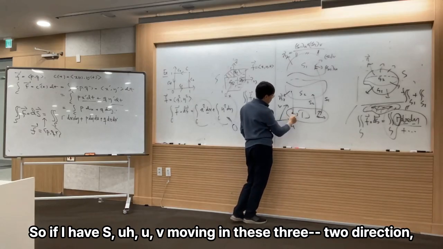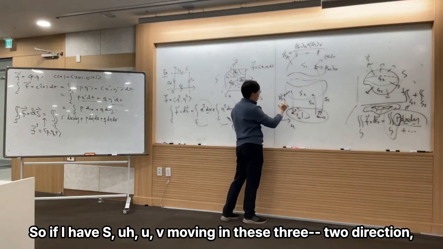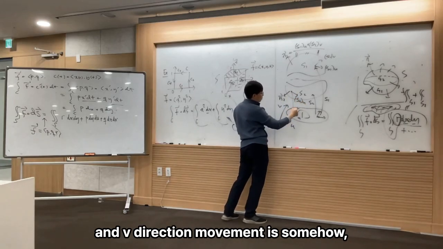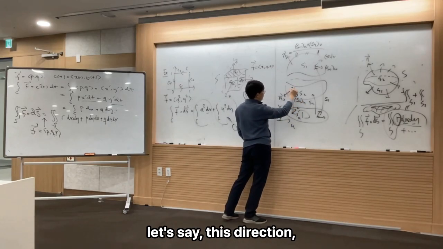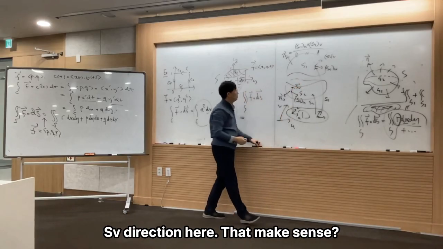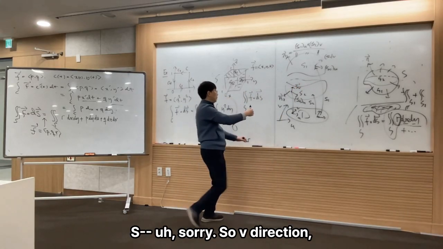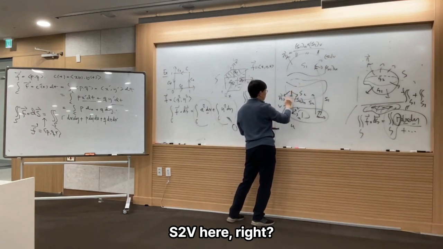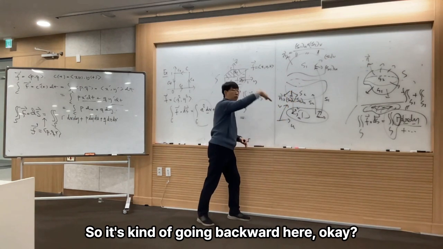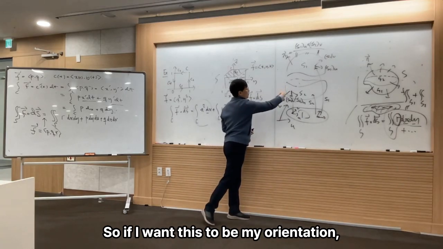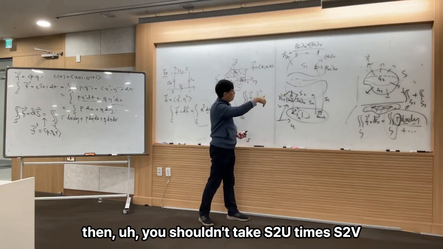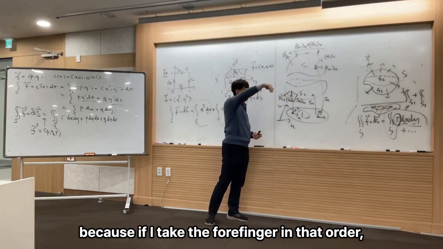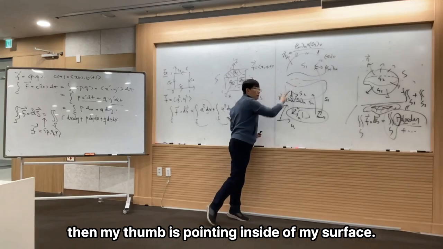But what if I have UV moving in these two directions? Then U direction movement is maybe S2U in this direction, and the V direction movement is in this direction. Sorry, this V direction should be the opposite direction, S2V here, so it's kind of going backward. If I want this to be my orientation, then you shouldn't take S2U times S2V, because if I take my forefinger in that order, my thumb points inside the surface.